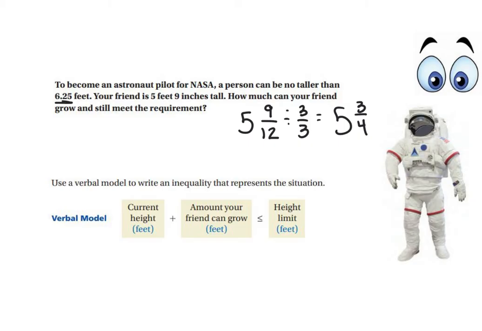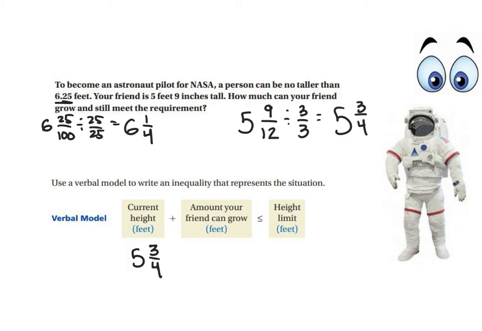If we take the maximum height of 6.25, that would be 6 25/100ths. And if we divide that by 25/25, we get 6 1/4. So now we have our maximum height and we have our current height, and they both have denominators of 4.